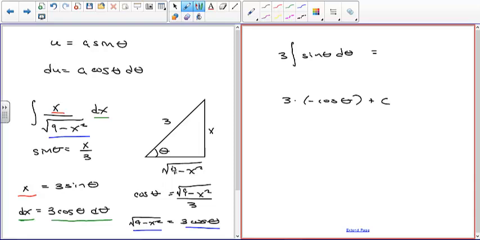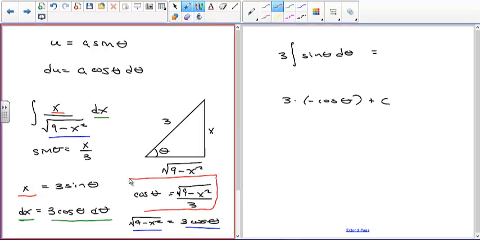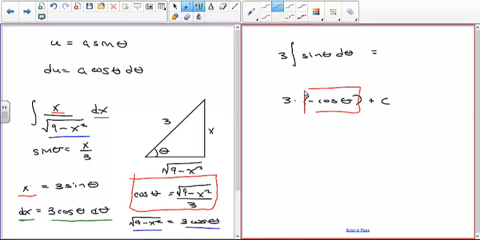So what we see here is the cosine of theta is that. I'm going to use that to rewrite it, going backwards. I'm going to take the negative sign, stick it out front, and the cosine of theta is equal to the square root of 9 minus x squared divided by 3.